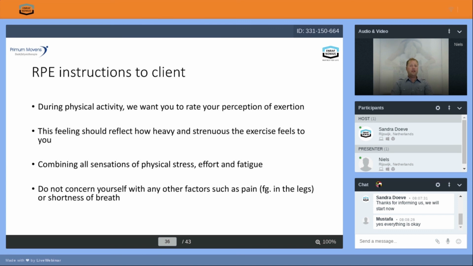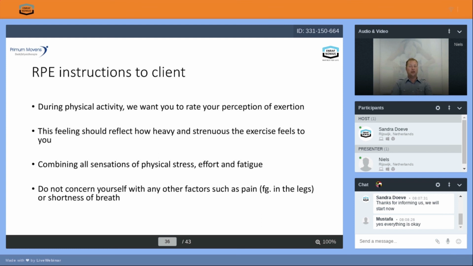It's a combination of all sensation: physical stress, effort, and fatigue. And the fourth part is actually quite important. You tell the patient not to be distracted by any other factors such as pain or shortness of breath.